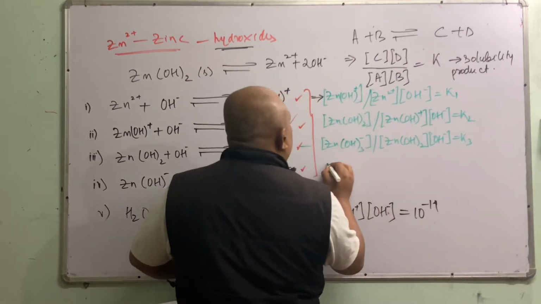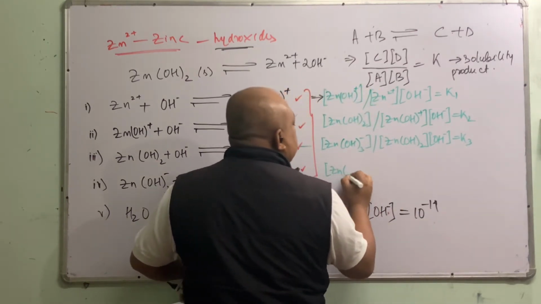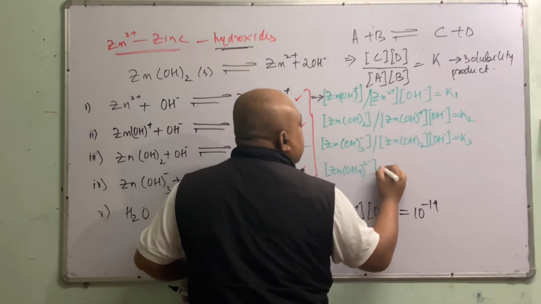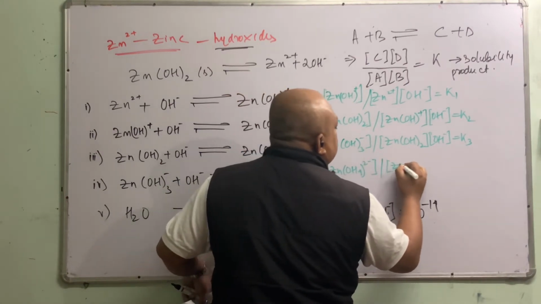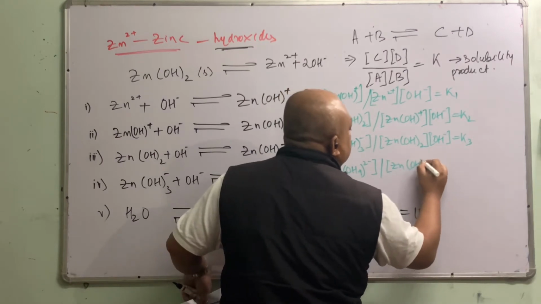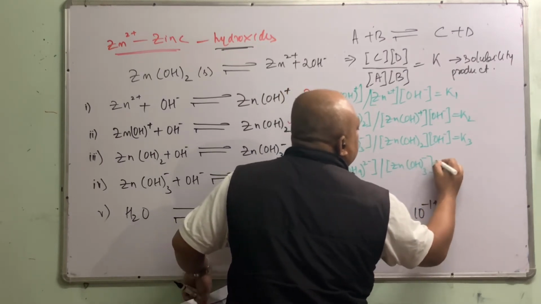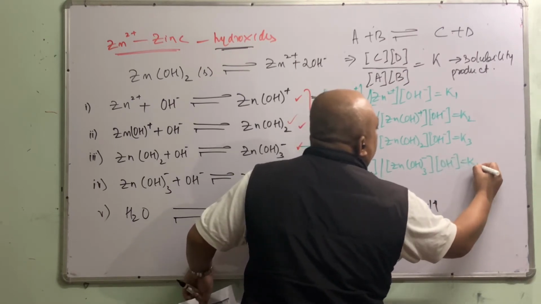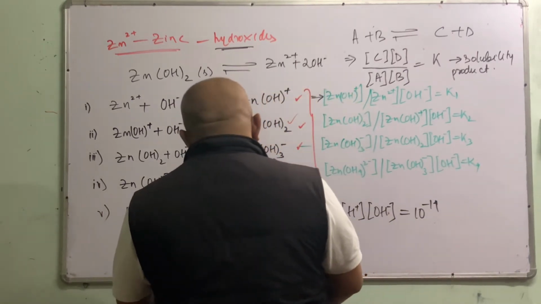Then the final is Zn(OH)4 2 minus divided by the reactant Zn(OH)3 minus into OH is equal to K4. Okay. And don't worry, all of these have values.